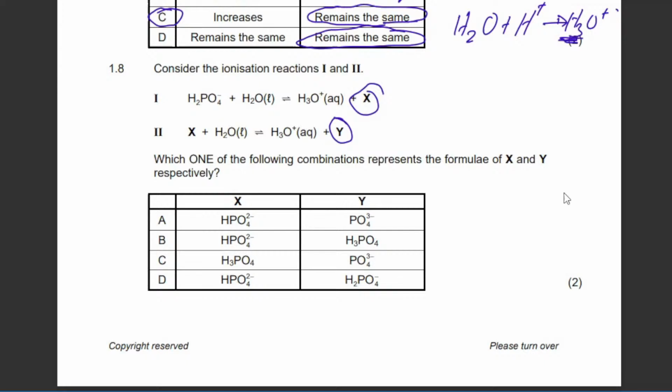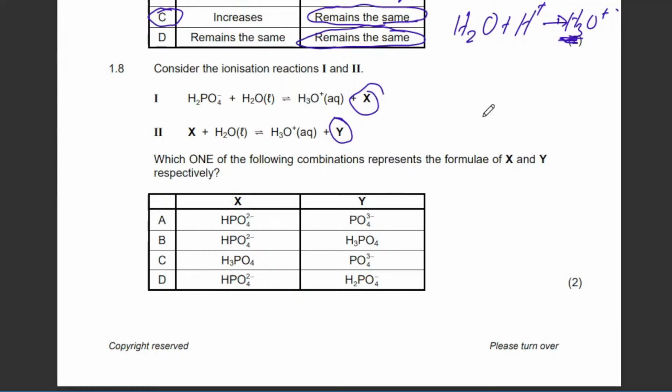to form hydronium ion. This species is going to ionize to give one hydrogen to the solution, and this hydrogen is going to react with water to form hydronium ion. That's why you have this hydronium ion here, plus that species.